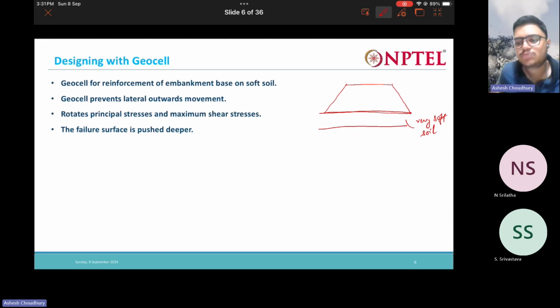So in this case, when we have very soft soil, directly we cannot construct the embankment over it, right? Obviously, because the soil is weak, very soft, the embankment is going to settle down. All right. So what we do, we actually provide a layer of geocell.